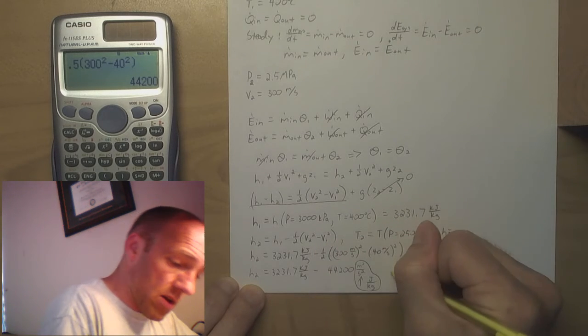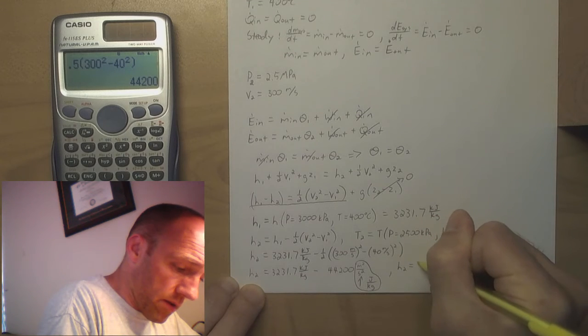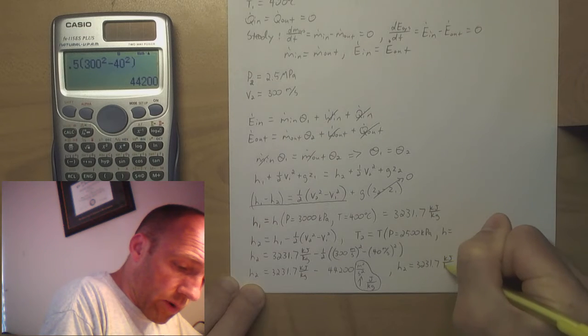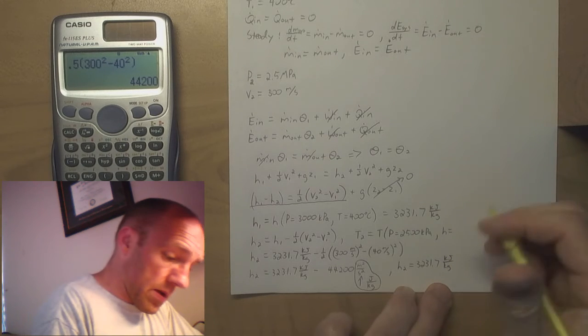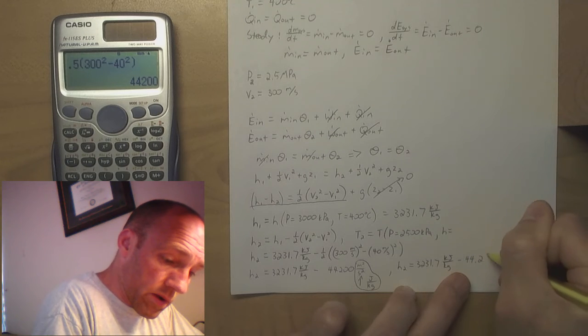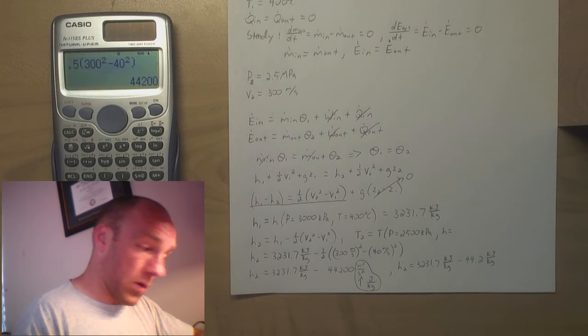All right. So H2 is 3231.7 kilojoules per kilogram minus 44.2 kilojoules per kilogram. Okay.